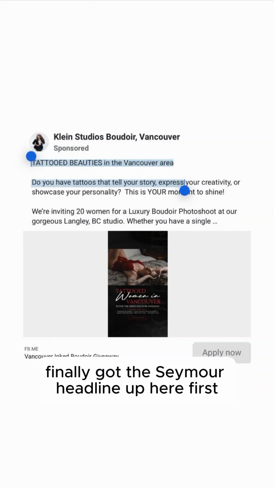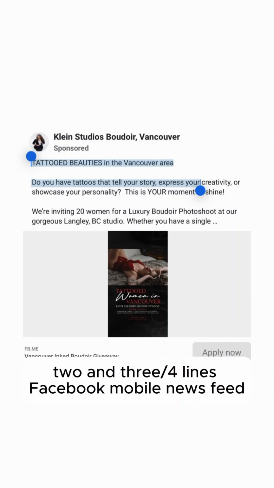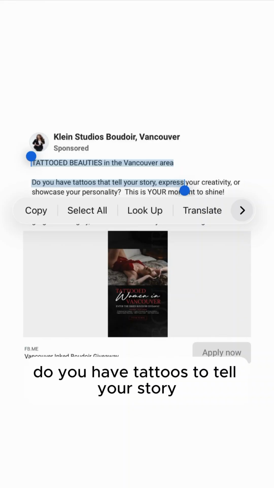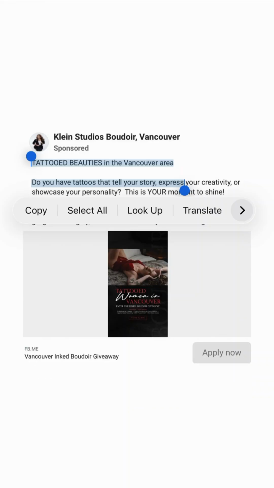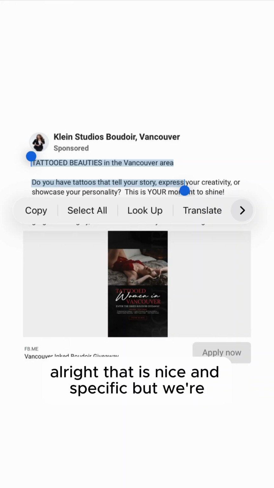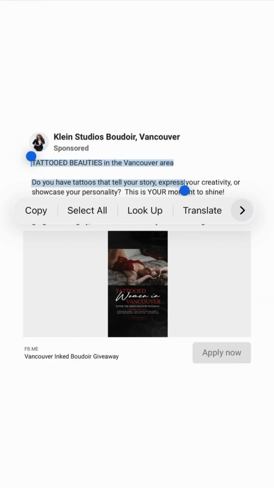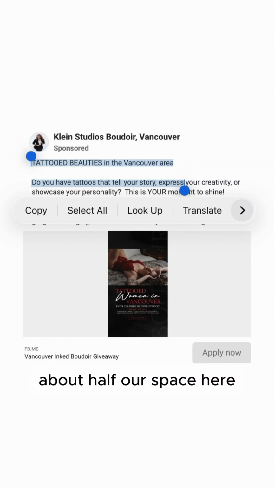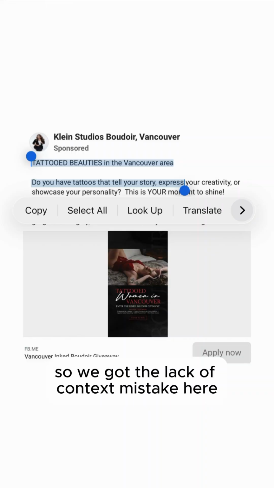Finally, we've got the see more headline up here, the first 2 3/4 lines of the Facebook mobile news feed: "Tattooed beauties in the Vancouver area. Do you have tattoos that tell your story?" All right, that is nice and specific. But we're literally wasting more than about half our space here because it's blank. So we've got the lack of context mistake here.